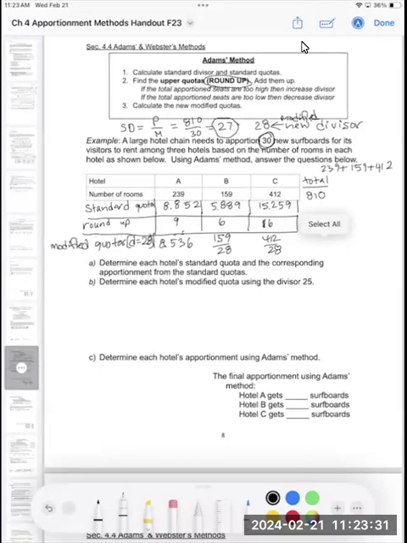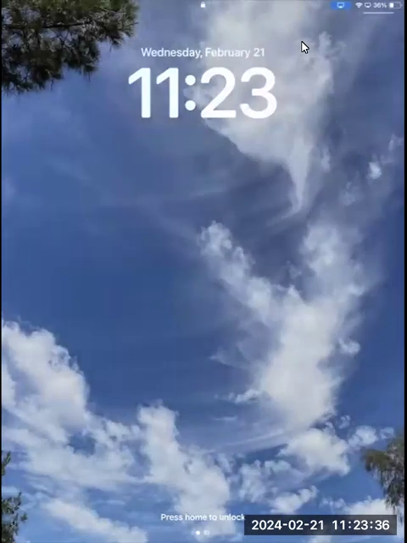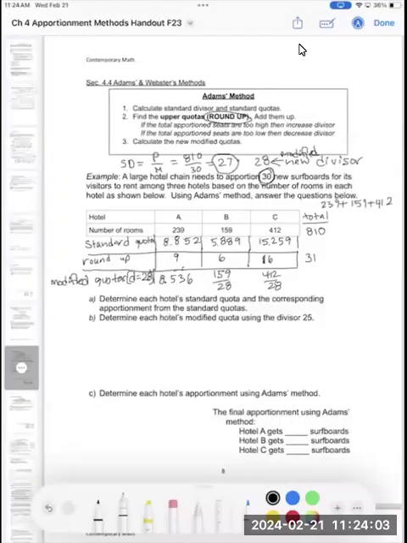So if I would have chosen a modified divisor of, oops, let me fix that. All right, if I would have increased from 28 to 35, then I just did 239 divided by 35. That would have given us 6.82. So the standard quota would have gone from 8.8 to 6.8.